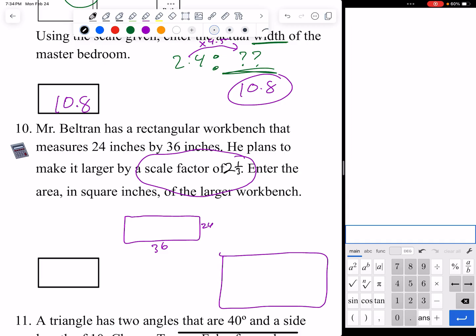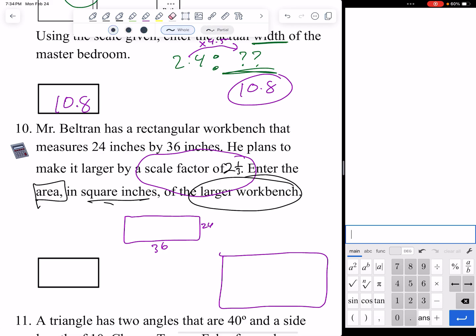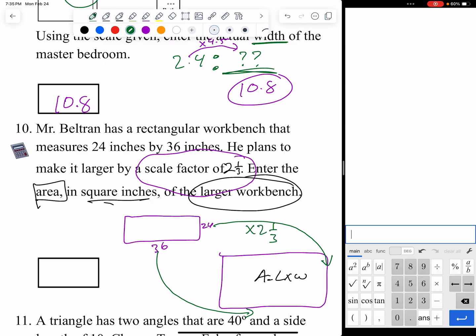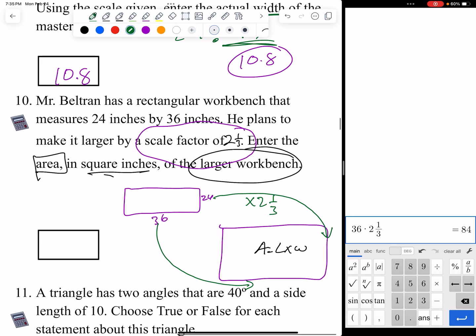So my scale factor is 2 and 1/3. Enter the area in square inches of the larger workbench. So the area, remember, is length times width. I have to get from here to here and here to that one by multiplying by 2 and 1/3. So let's do that. I'm going to take the 36 and multiply by 2 and 1/3, and I get a total of 84 inches.